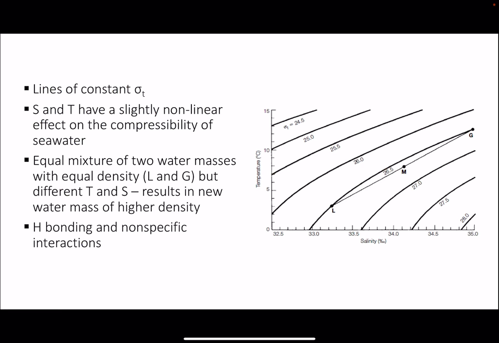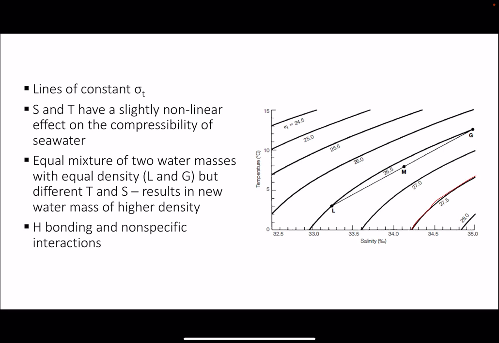Okay, so again, looking at a temperature salinity diagram here, these black lines are showing you the density values, 27.5 kilograms per meter cubed all the way through. You can see these curved lines, and the thing with these lines is they're not linear, so they're not straight lines.